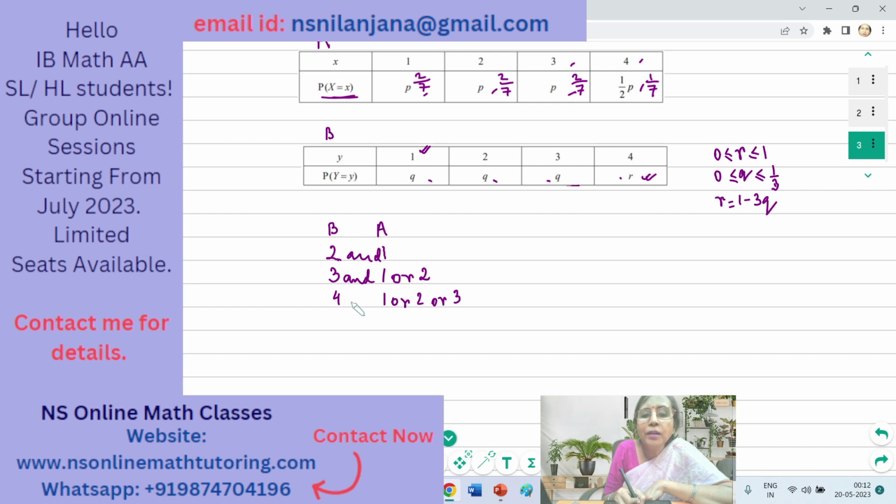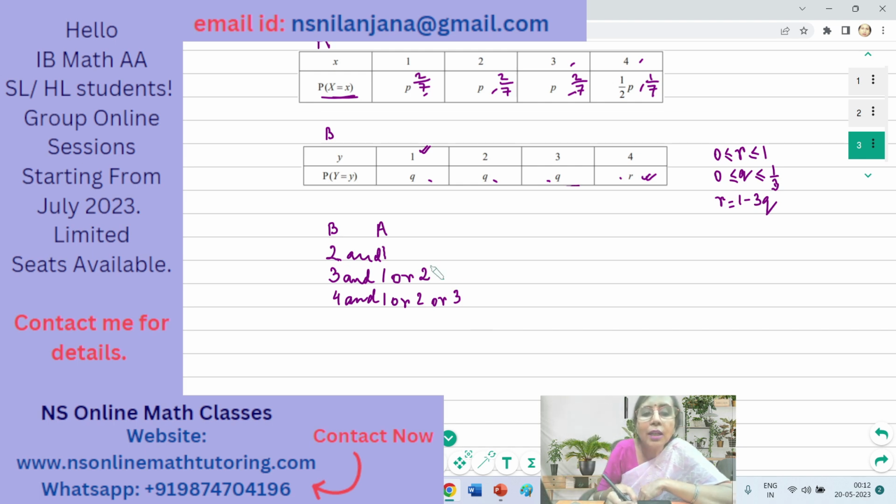Last one, Barbara scoring 4 and Agnes scoring 1 or 2 or 3. Always try to frame English statements to know where you are using the word and and where you are using the word or. Whenever you are using and, you should be multiplying. Whenever you are using or, you should be adding.